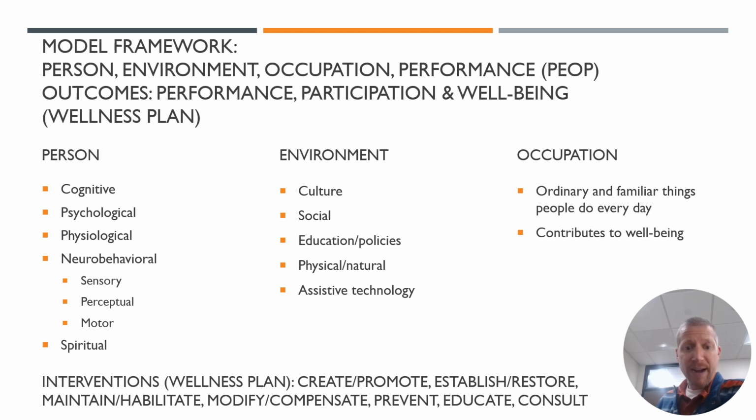The physical environment or natural environment, again, power of observation. You're going into their home. You should be able to do some kind of assessment on that physical environment and see how they're performing in that environment. Okay. Assistive technology is here as well. Do they have current assistive tech that they're using?